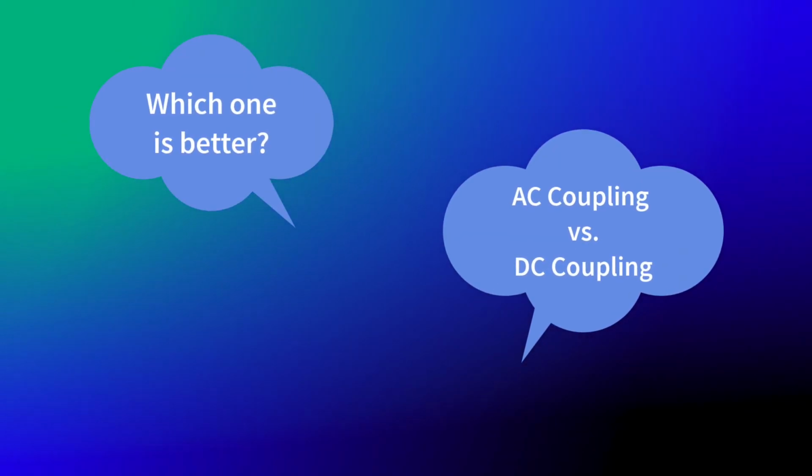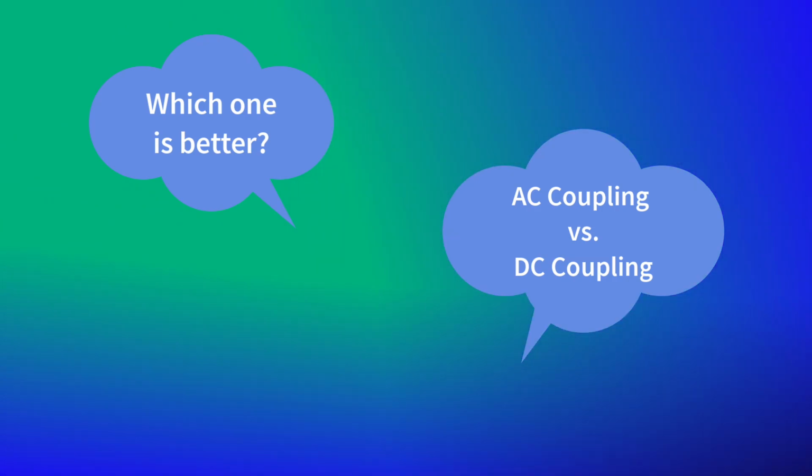So it seems like when you do a search for AC or DC coupling, people are usually asking which one is better, or AC versus DC coupling. And I don't think that's the right way to go. Because with almost everything in this industry, there is no definitive one-size-fits-all, ever.